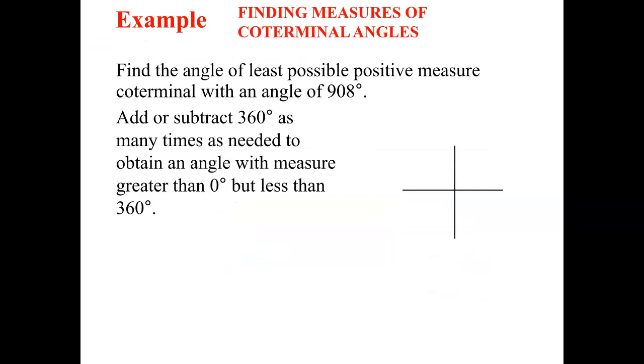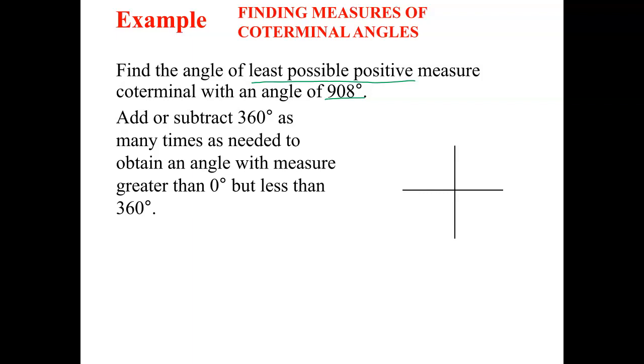So I want to take the angle of 908 degrees and pay really close attention. I want to find the angle of least possible positive measure. That means the smallest angle that's still positive. Finding coterminal angles is just a matter of adding or subtracting 360 degrees over and over and over until you get what you want.